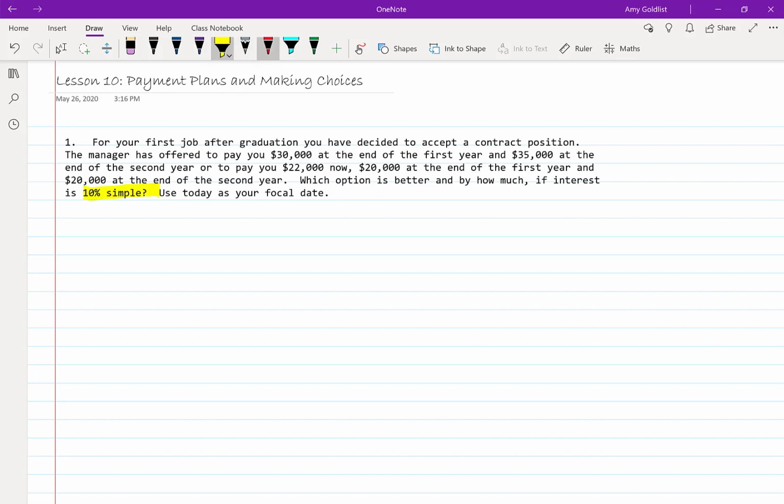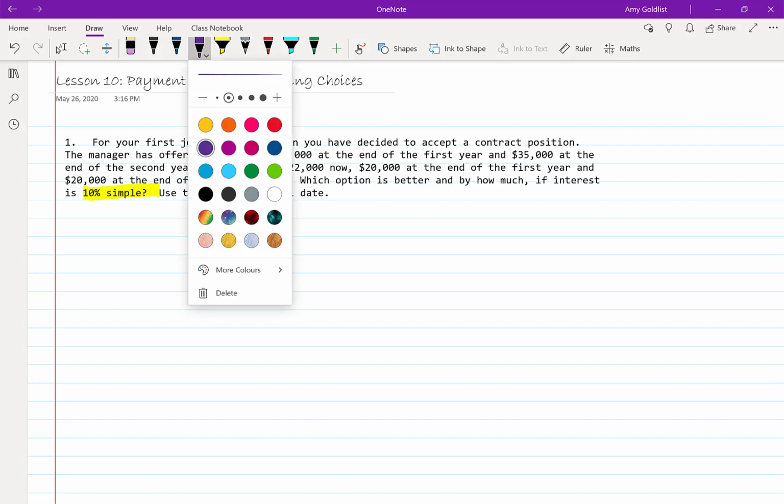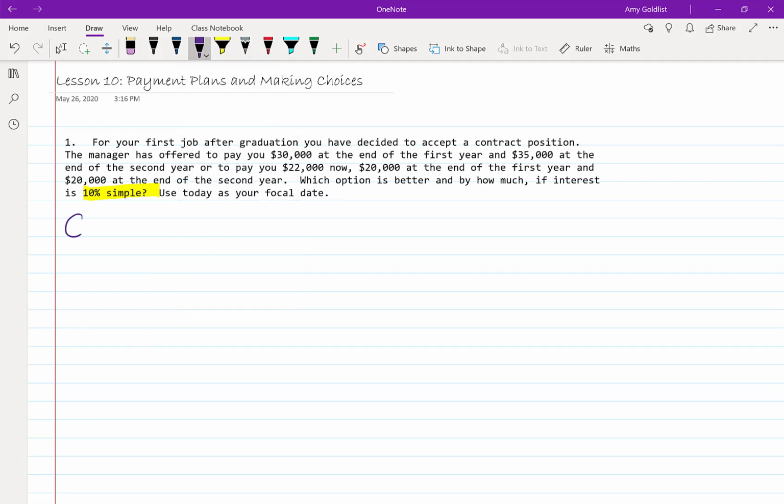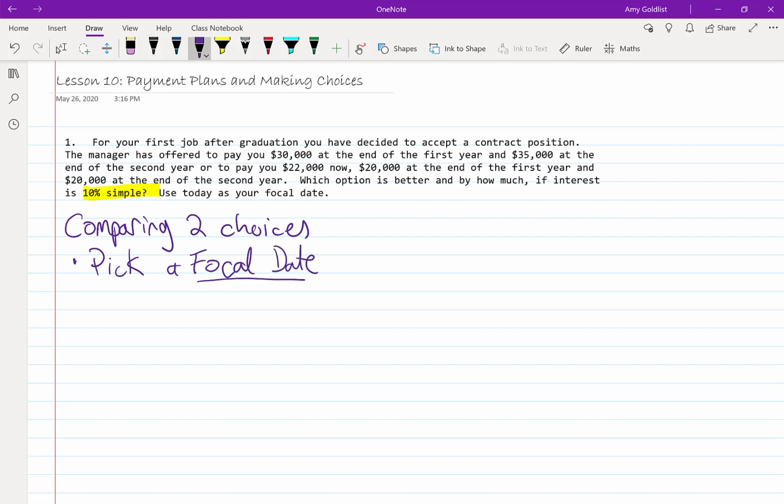So let's talk about comparing two choices. What we do is we pick a focal date, or one is given to us. In truth, it doesn't matter which one we choose. The better choice is the better at any time.